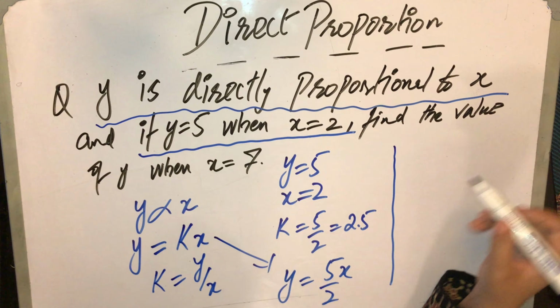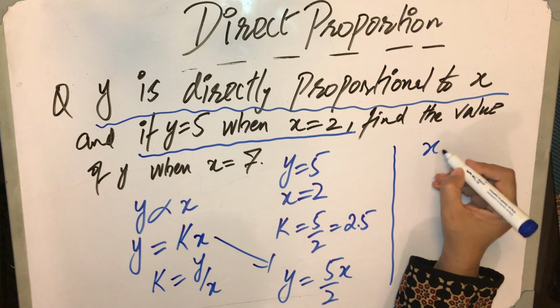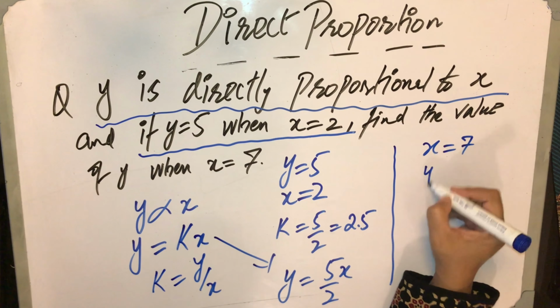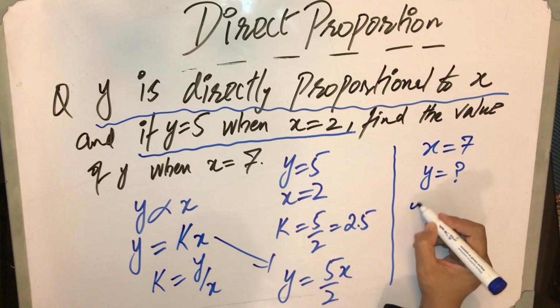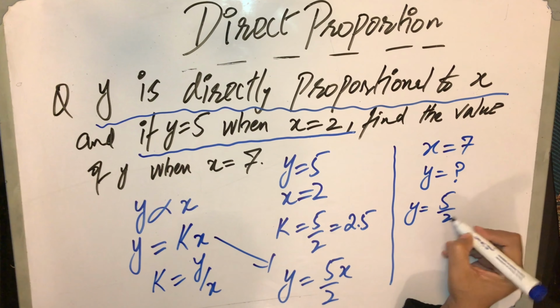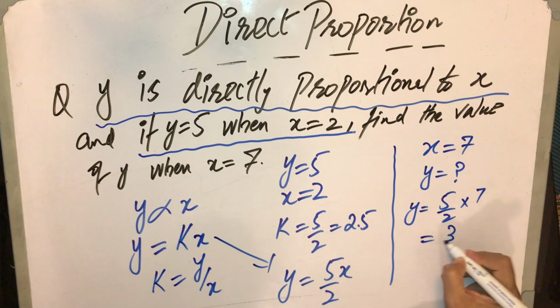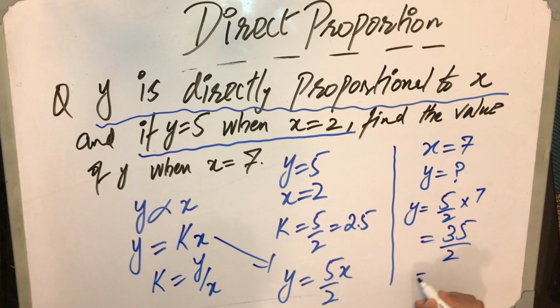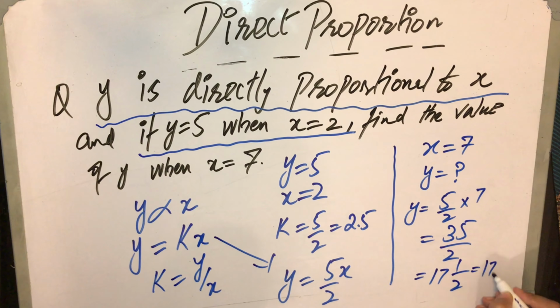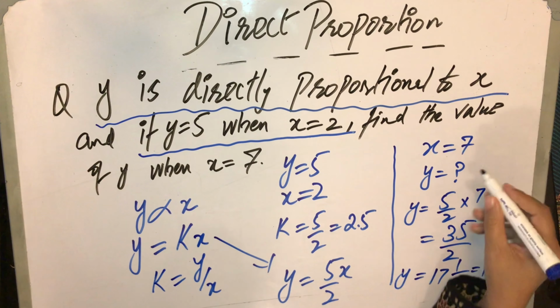Now find the value of y when x is 7. X is 7, y is required. Put 7 here, 5 by 2 multiplied by 7, 35 over 2, and you can write it as 17 whole 1 by 2 or 17.5, the value of y when x is 7.